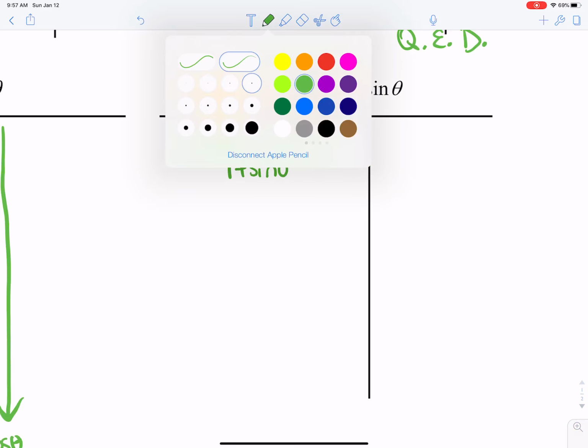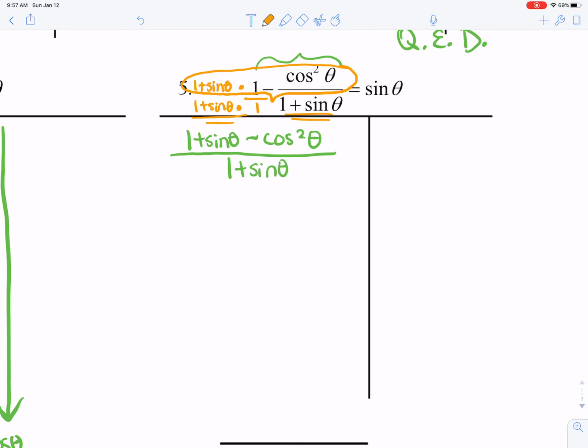Do we have an identity? Yes, we do. This cosine squared theta is a Pythagorean identity. And we can change that. Oh, wait. Let's move it around so that the 1 and that cosine squared theta together is the Pythagorean identity. So it'll be 1 minus cosine squared theta plus sine theta.